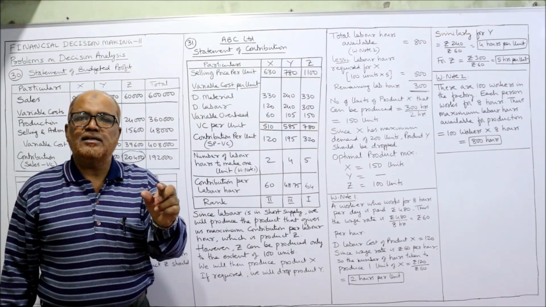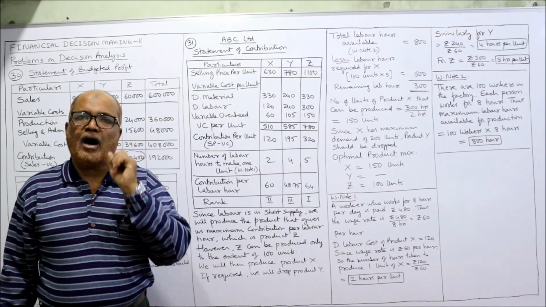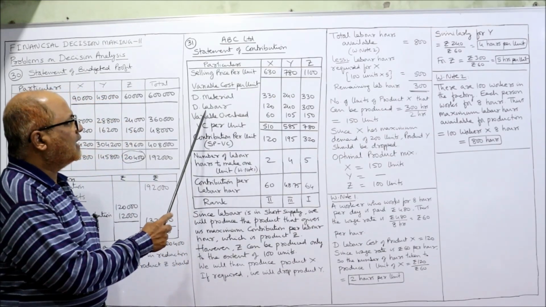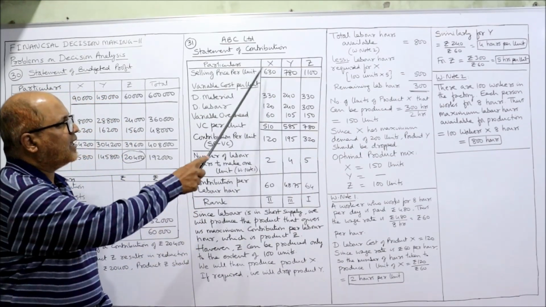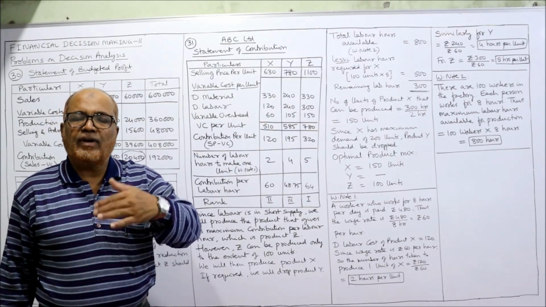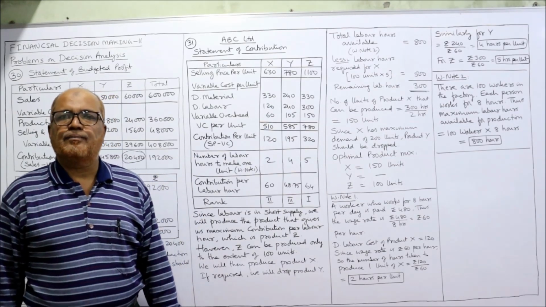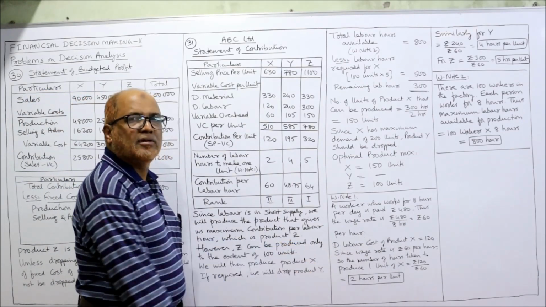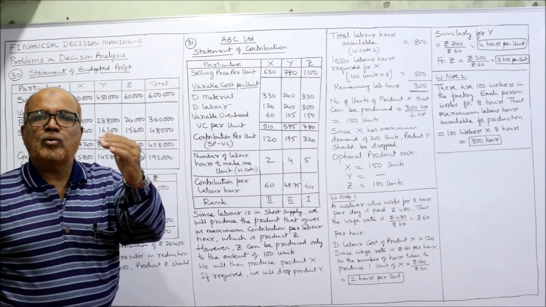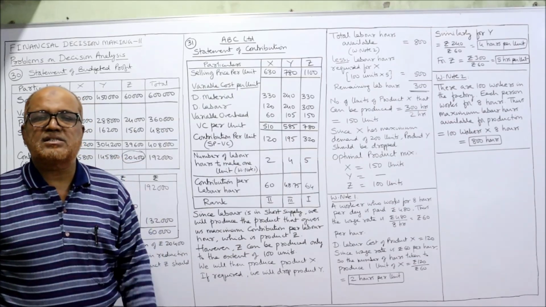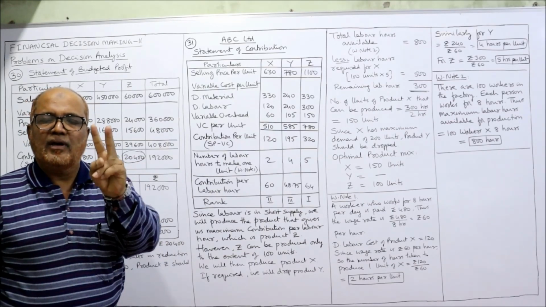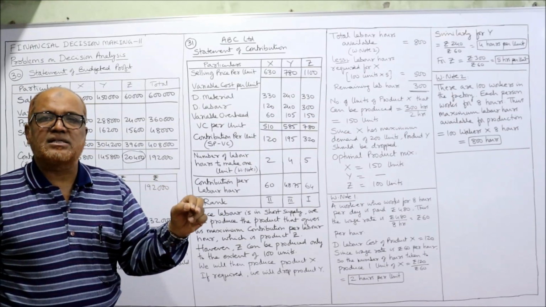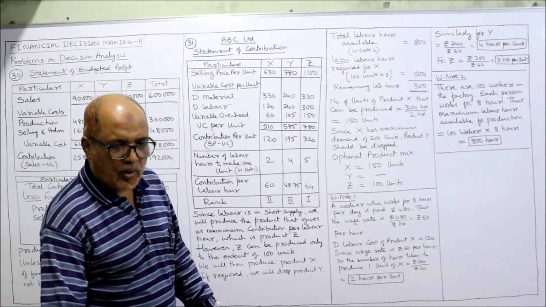So the labor rate is 60 rupees per hour, right? And how much is the labor cost given here? The labor cost is 120 rupees for X product. And each hour, what is the rate? 60 rupees. So how many hours? 120 rupees divided by 60 rupees, 2 hours. That means to make 1 unit of product X, 2 hours are required.